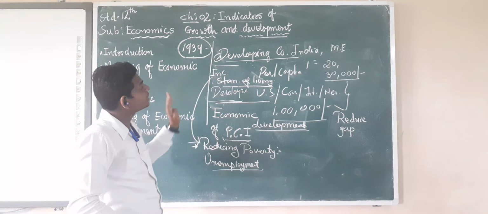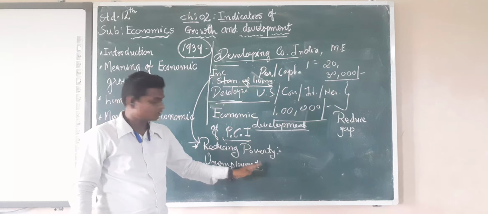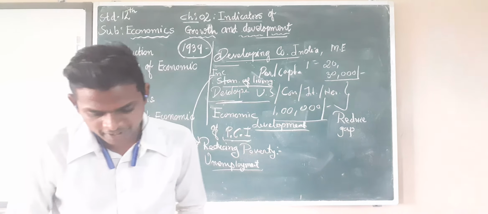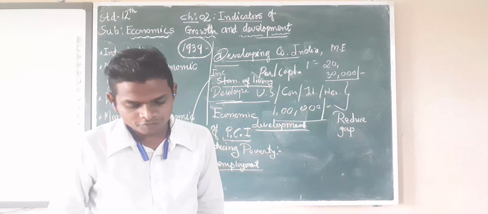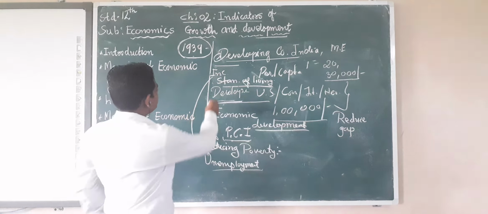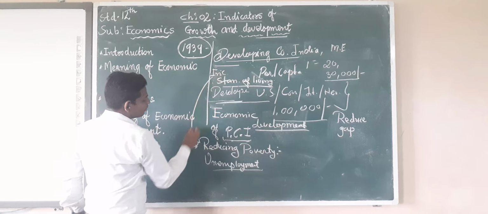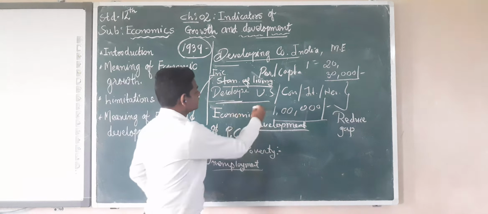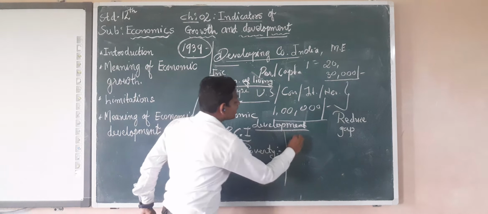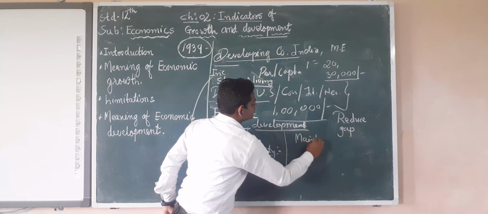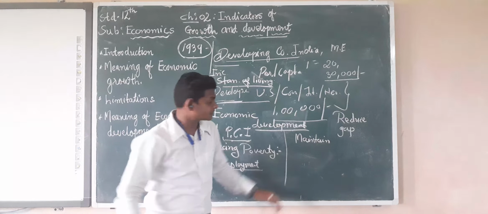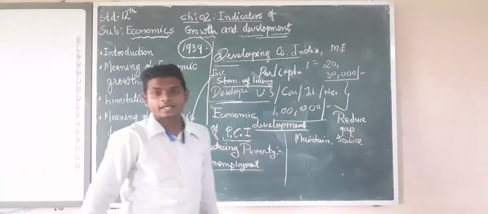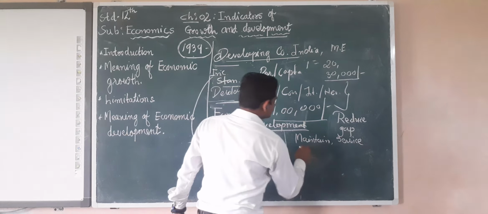So how does the developing country want to reduce poverty and unemployment? While the developed countries aim at maintaining the prevailing higher standard of living. On the other side, developing countries want to achieve these two points. But what about the developed countries? They are trying to maintain the service as well as the standard of living.